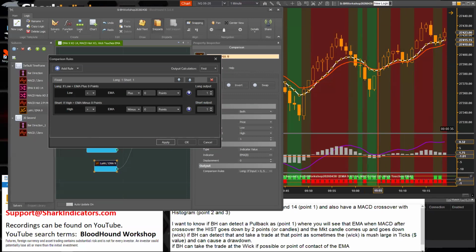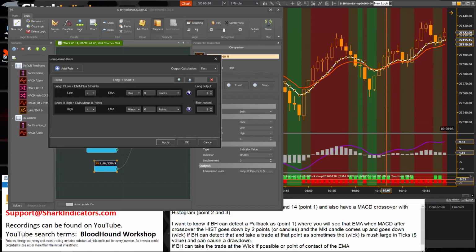And now we can see whenever a bar is touching the moving average, it produces a long and a short at the same time, because the high price is above and the low price is below. So that's how you identify if a bar is touching a moving average: you get a long and a short at the same time here.